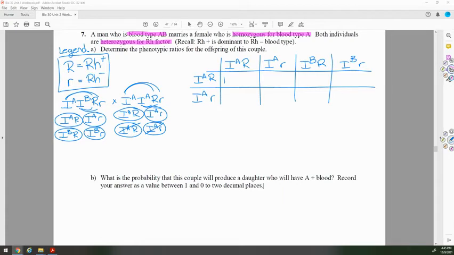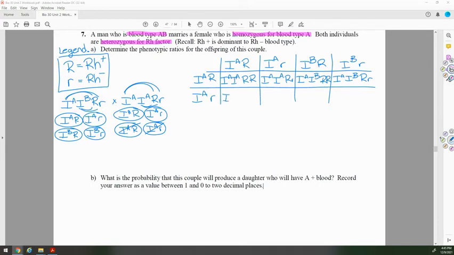Next, we will fill in the genotypes. Remember to keep the genes that are the same together. So IA, capital R, capital R. Next one, IA, big R, little r. IB, big R, capital R. IB, big R, little r.